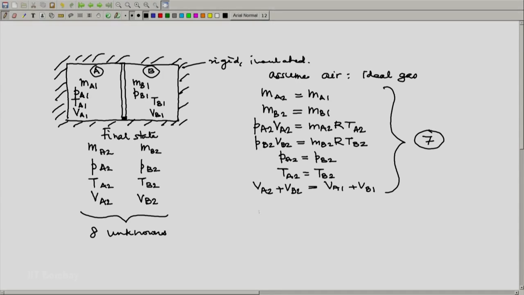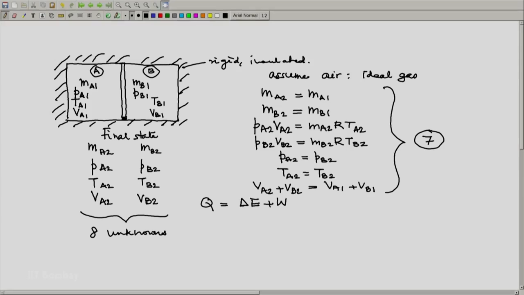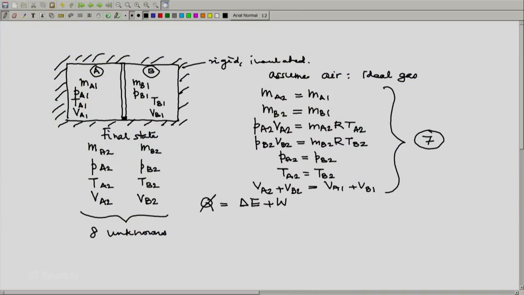The first law of thermodynamics would be Q equals delta E plus W. Now, first we are given that the complete system to which we are applying this is an insulated system. That means it is an adiabatic system, and that is why this will be 0. Why? Because it is an insulated system.